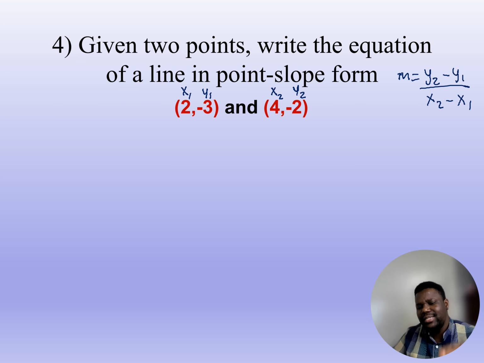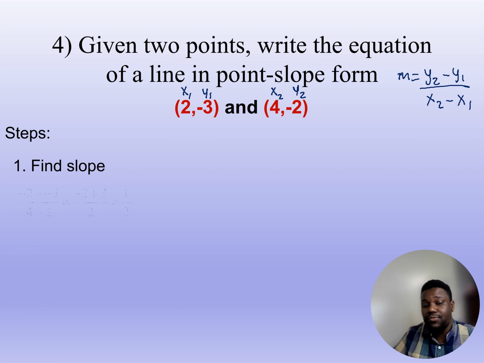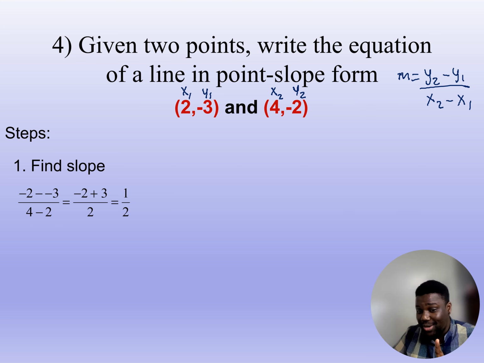So now that we have identified what x1, y1, x2, y2 are, we're going to simply put it into the formula, which will have negative 2, write your minus sign, so don't forget to write your minus sign, minus negative 3, all over 4 minus 2.